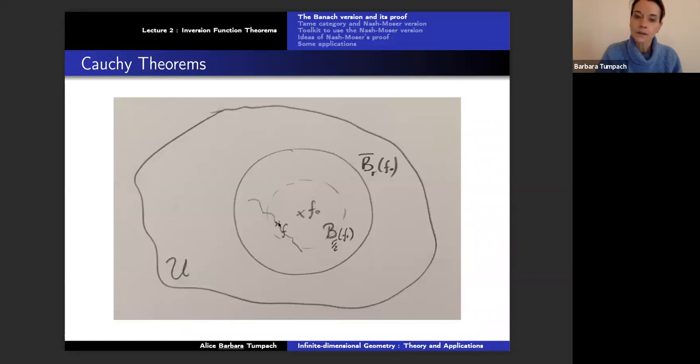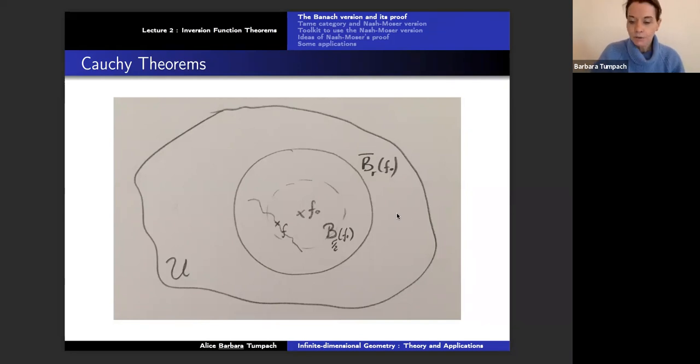If we start with an element f in this ball, then the flow will exist and it will stay in a bigger ball. That's the idea of the theorem. So more precisely, there will be a small ball in which the initial values will take place. And the flow can leave this small ball, but it will remain in a ball where all estimates are valid.